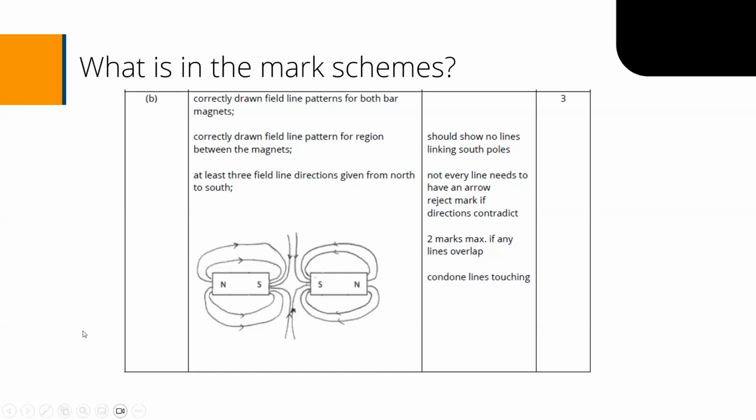And this is one of those cases where it can actually be quite a decent answer to a question. And you can see in the notes part, it gives additional information about what marks they can get. 2 marks maximum if any of the lines overlap, but you're allowed to let the lines touch. So that says what you can give marks for, what you can't.